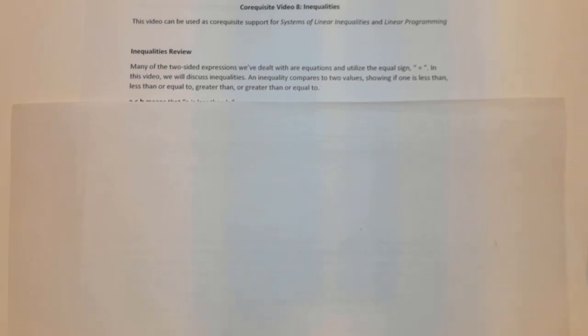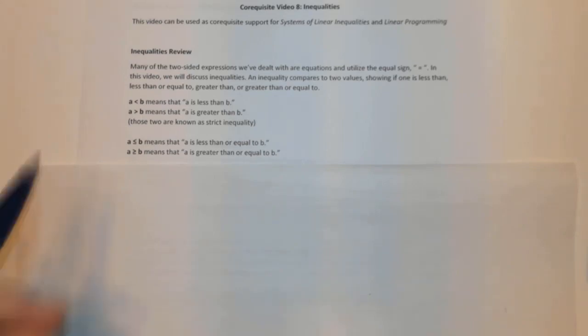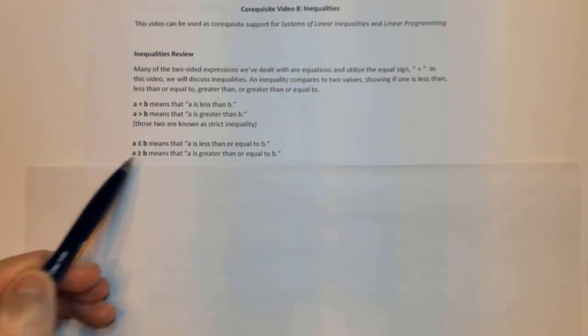So for the most part, what we've done before you watch this video is anything with an equal sign is an equation. Now we're going to talk about inequalities, and an inequality is something that has any of the following symbols: less than, greater than, less than or equal to, greater than or equal to.